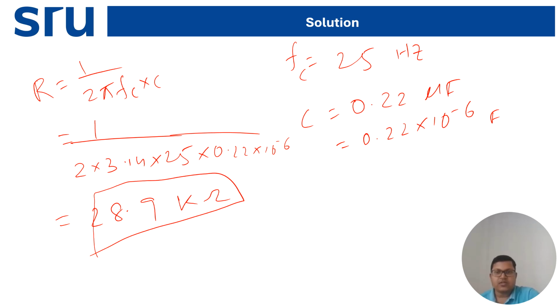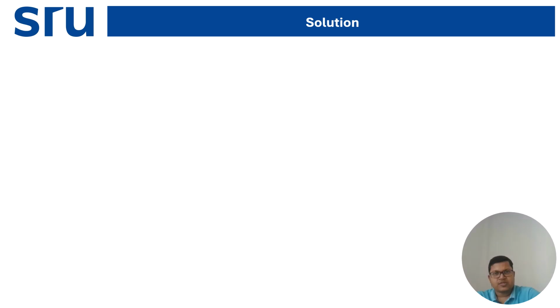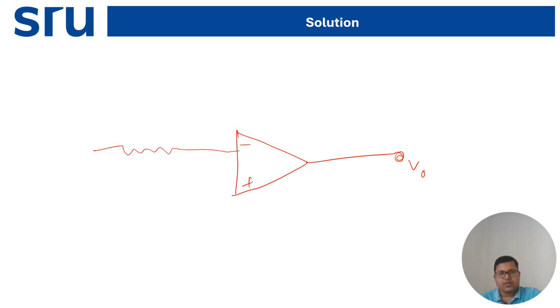So this is the value of R required for designing this low pass filter, which will help the engineer attenuate the gain after this frequency. Now we will see how we can design the filter. As we have already noticed, we will see a similar kind of circuit. I will quickly draw this. This is the op amp, this is the output we will get, and from here we do similar things. We connect the input resistor and the RF.